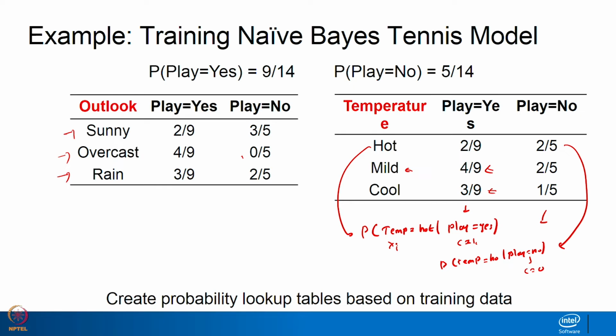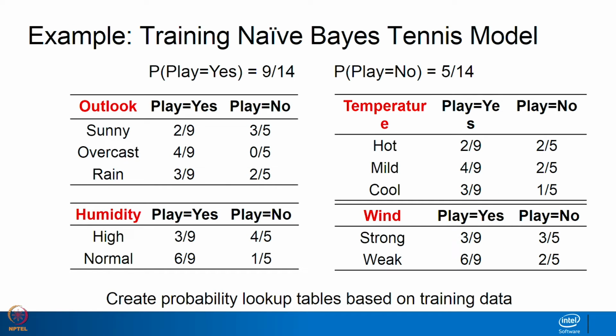We can calculate these conditional probability tables based on the training data. Similarly, for each class C equal to 1 and C equal to 0, we can look at humidity and compute the probability of humidity equal to some value given class C equal to 1, and so on.